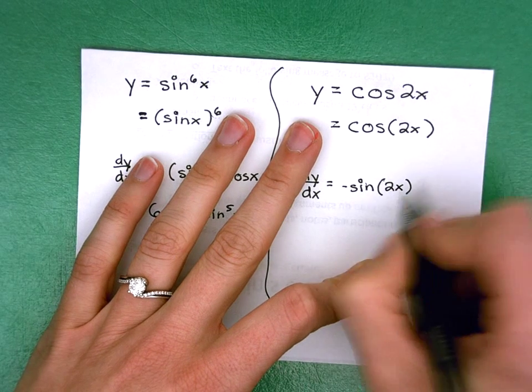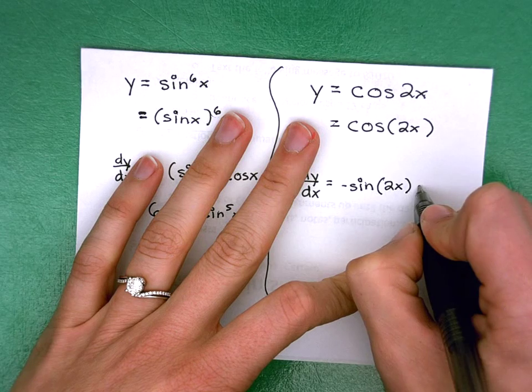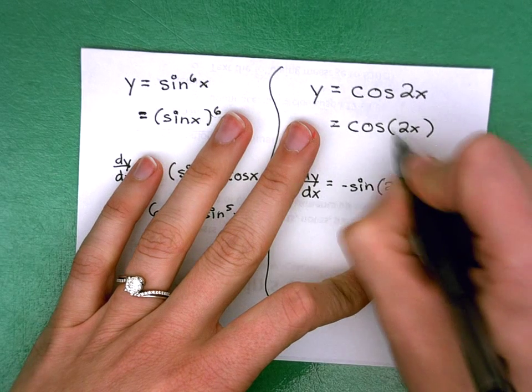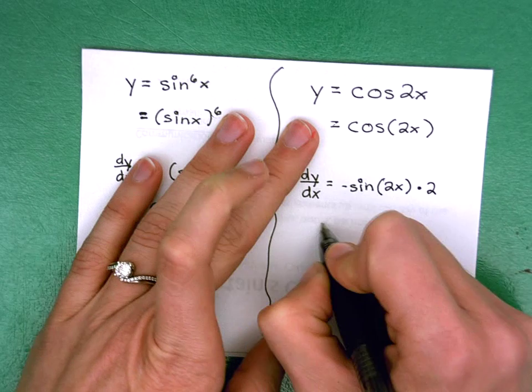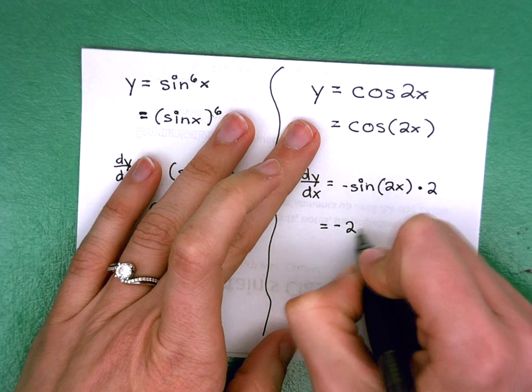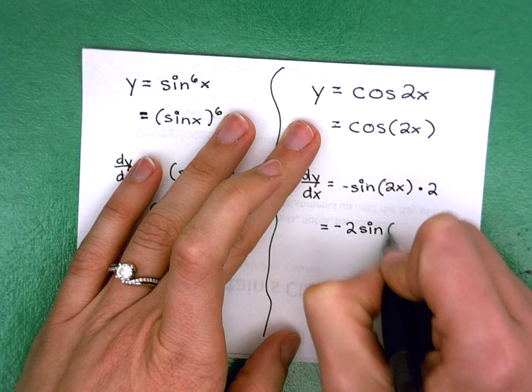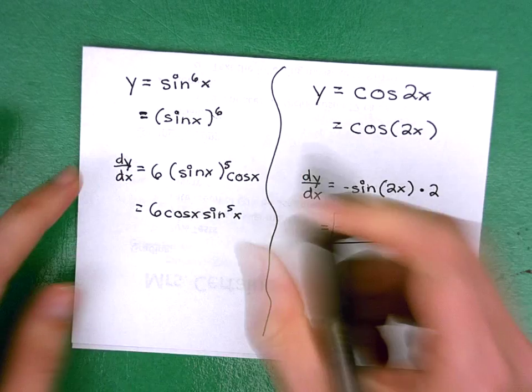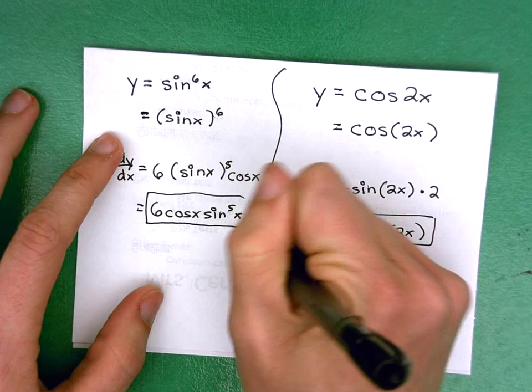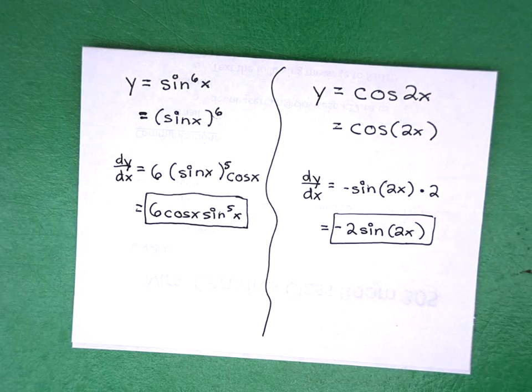And then after you've done that derivative, you then multiply by the derivative of the guts, which in this case is 2. And so my answer is negative 2 sine of 2x. So there are some examples of chain rule.